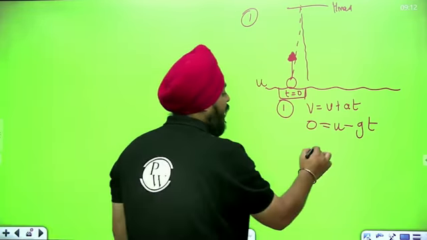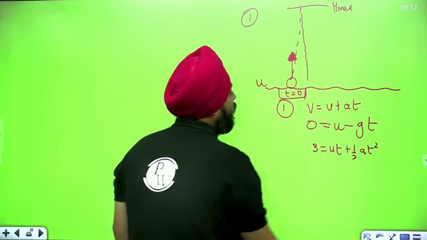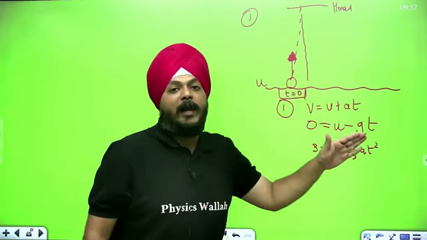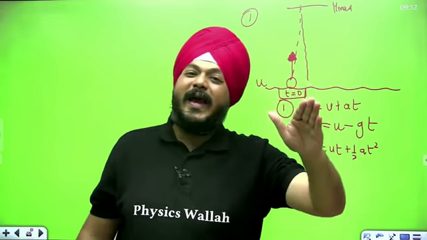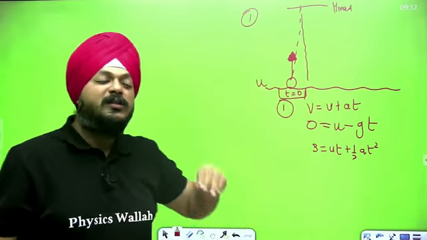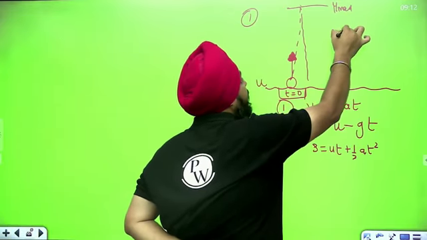Second equation, s is equal to ut plus half at square. Whenever you apply the sign conventions, you can apply them between any 2 points. It is not necessarily with respect to the reference point.